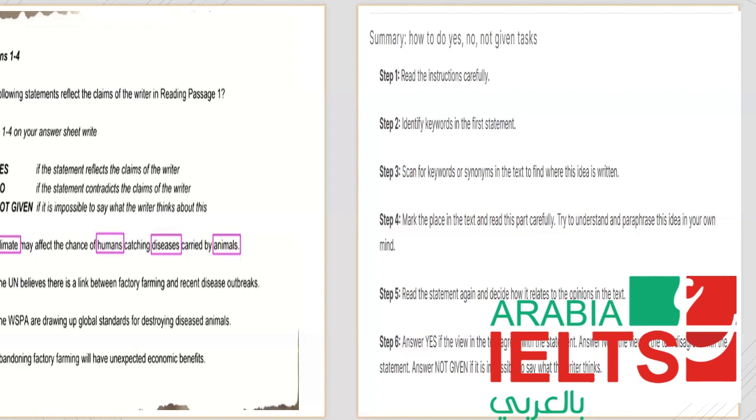If I don't have similar keywords, the answer is no. If I don't have anything, no, it's not like that. You have to focus very well and understand your statement, because the statement is about other opinions, and then you have to compare the opinion in the statement with the opinion of the writer. Are these opinions matching or not? Okay.